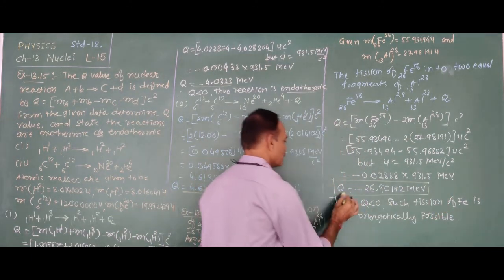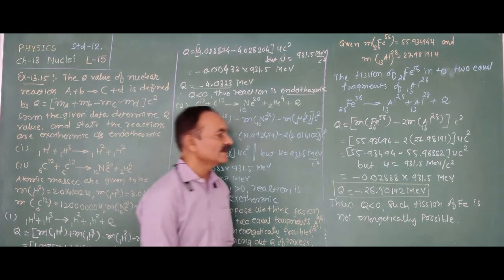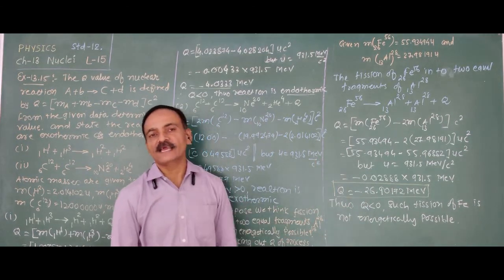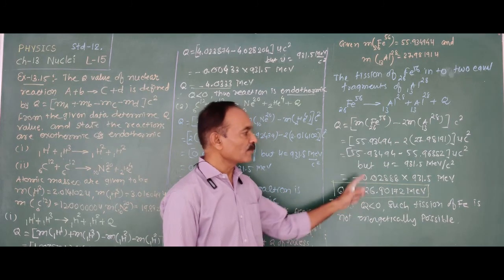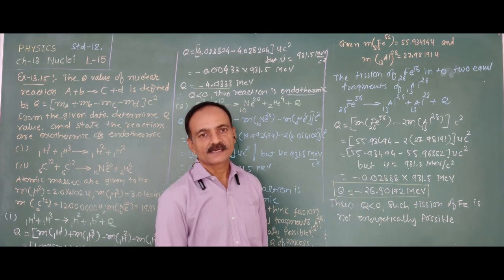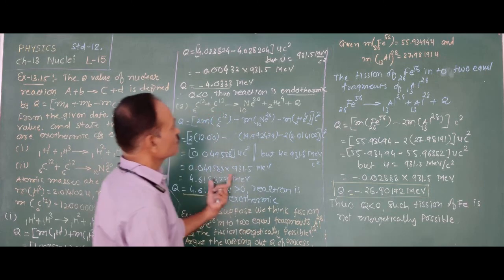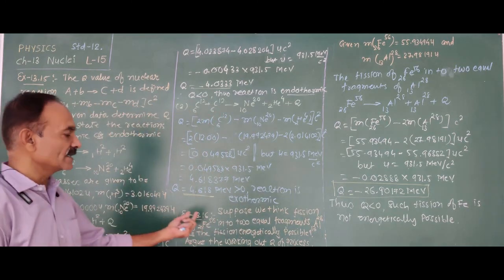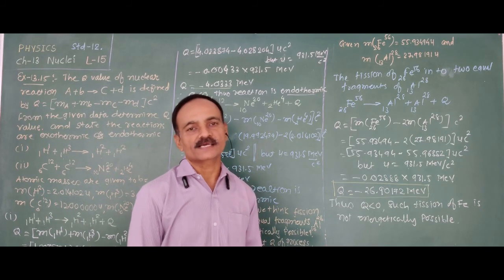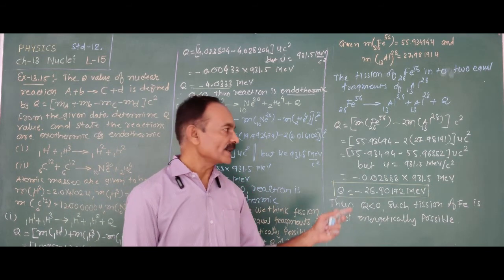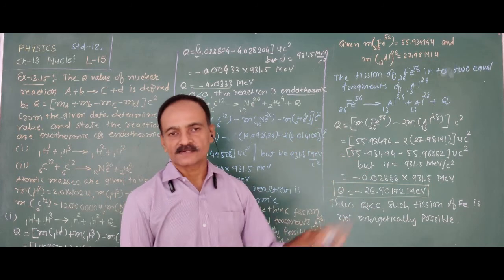Therefore, the endothermic process takes place, and for an endothermic process, the energy is not released. Therefore, this fission process is not possible energetically. Clear? Actually, in these two numericals 13.15 and 13.16, it depends on the Q value of the reaction. How we have to find out the Q value? Like this manner. Clear?